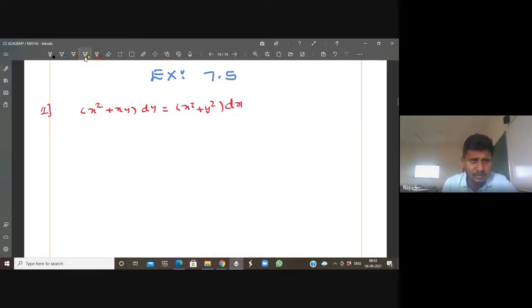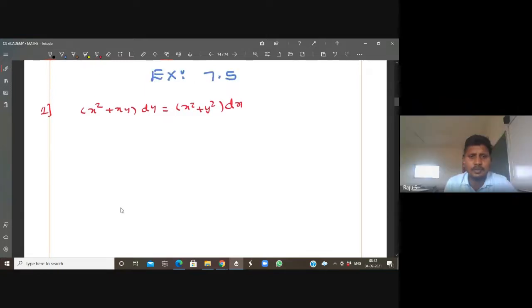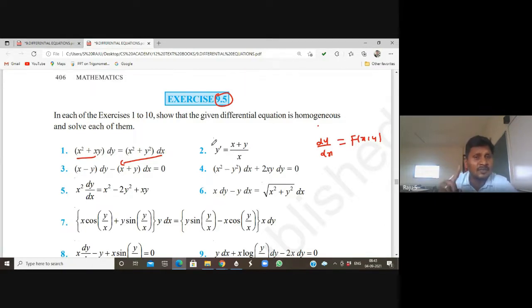Students, am I audible? Yes. Okay, see, already in this exercise we checked that every question is a homogeneous differential equation. What I told you, every homogeneous differential equation always has a homogeneous function. So here every equation is a function, right?